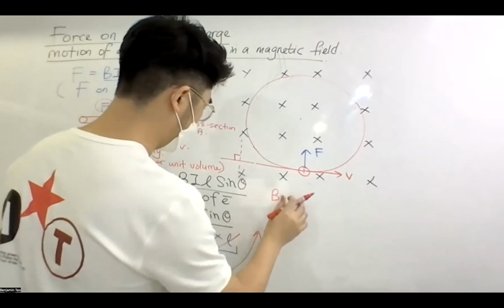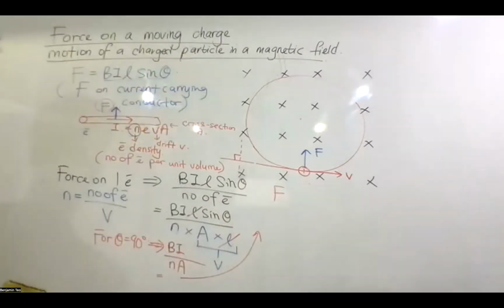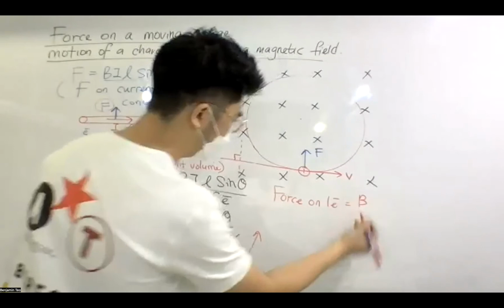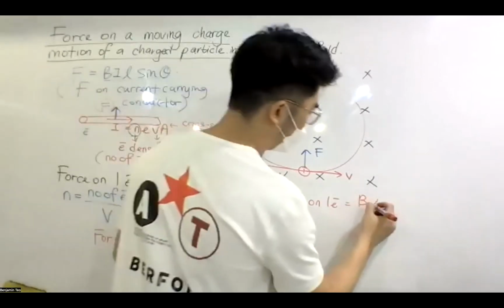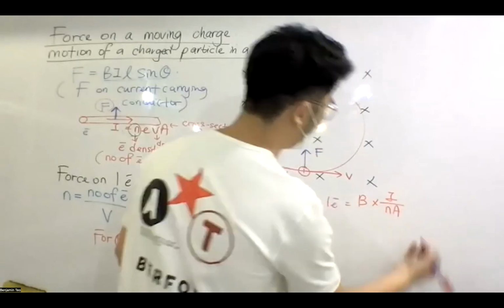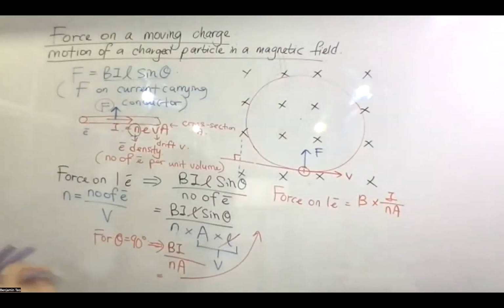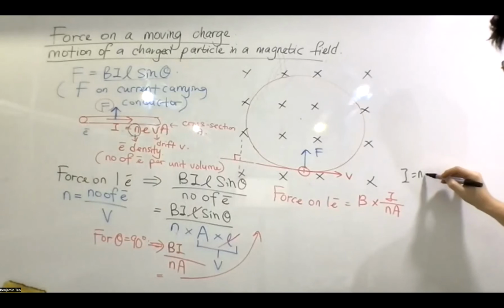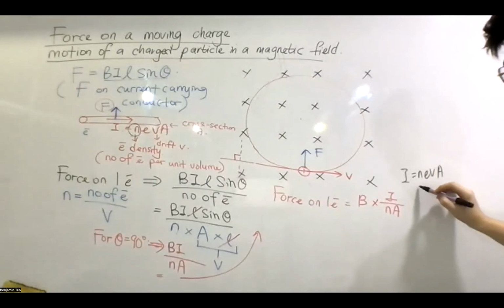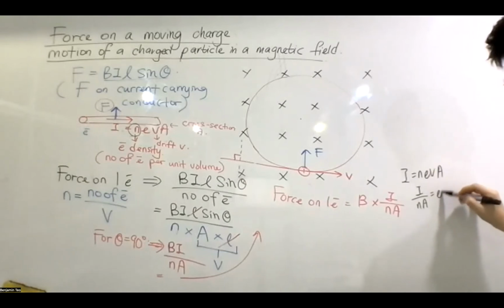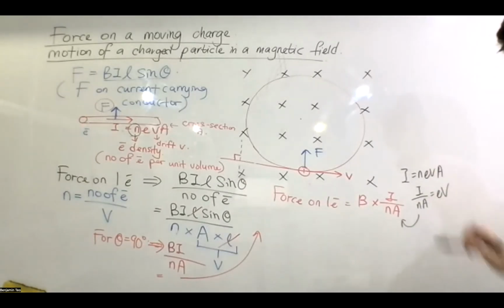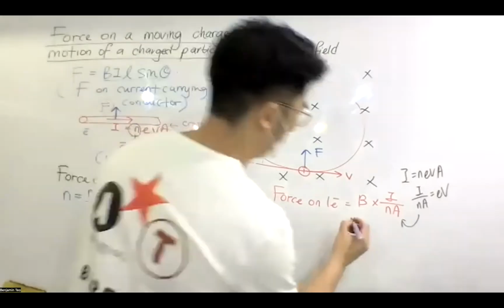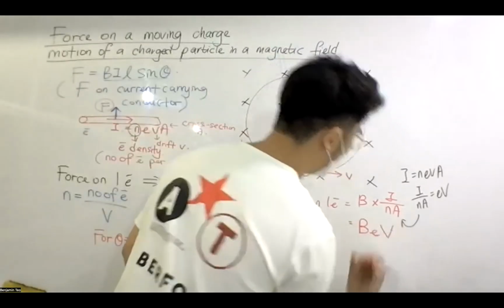This is force on one electron, equals B times I over nA times nA, and that gives BeV.